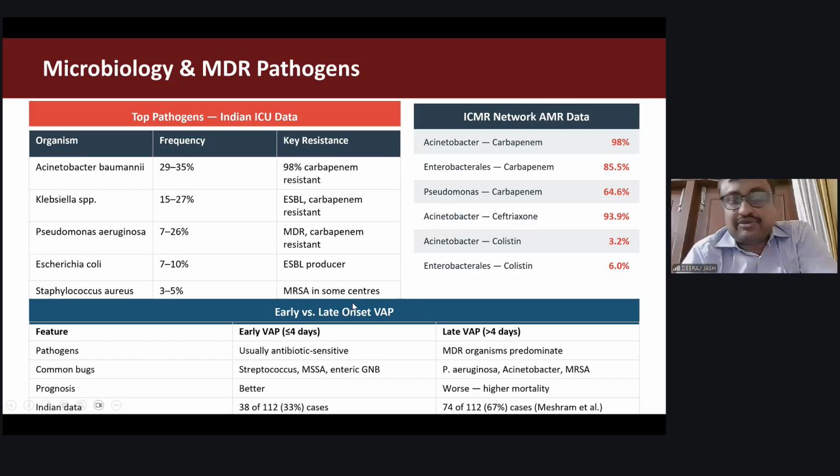And there are also different organisms associated with early VAP and late onset VAP. Early onset VAP are usually antibiotic sensitive. Prognosis better. Usually these are associated with Streptococcus, enteric GNB, and MSSA. Late VAP are usually associated with MDR organisms, Pseudomonas, Acinetobacter, and MRSA. Worse prognosis, associated with a higher mortality.